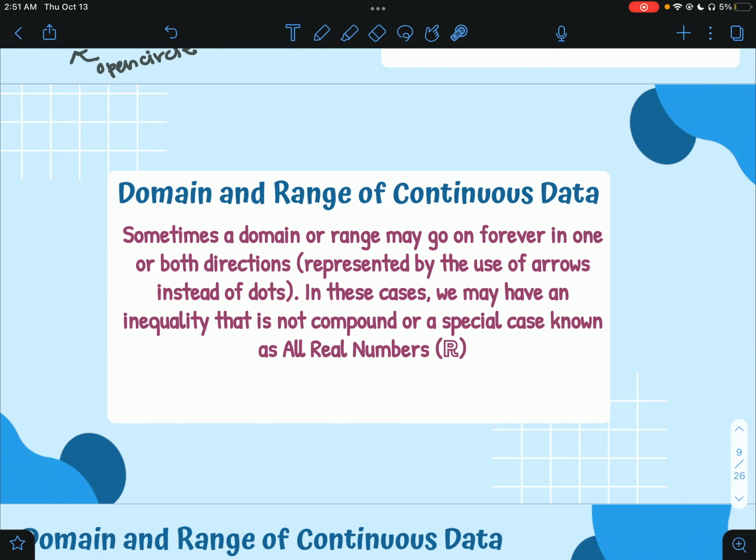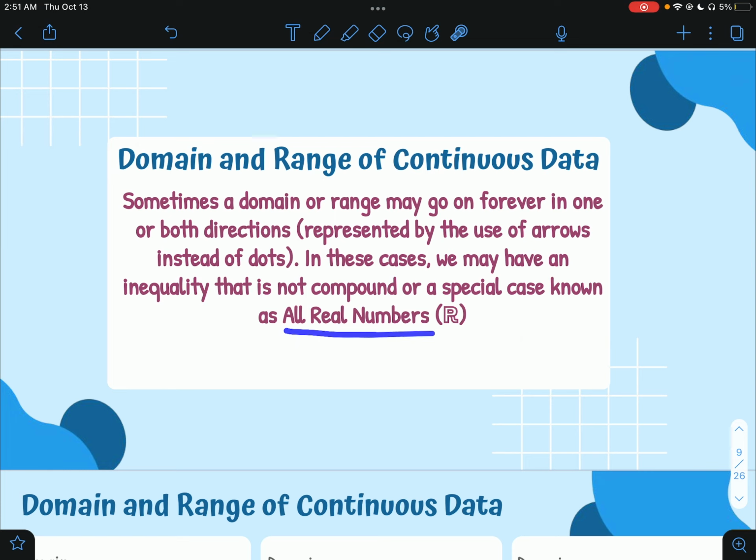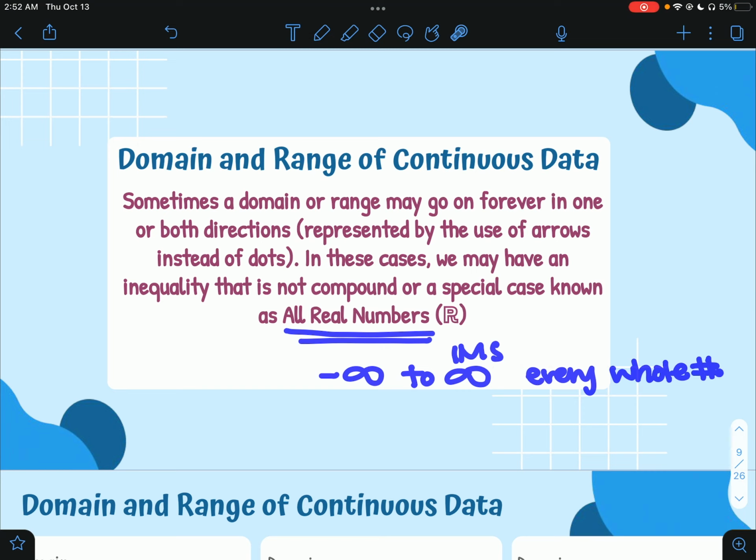In these cases, we may have a special case solution known as all real numbers. What all real numbers is telling us is that it's from negative infinity to positive infinity. Every whole number, decimal, fraction, irrational, or rational number.